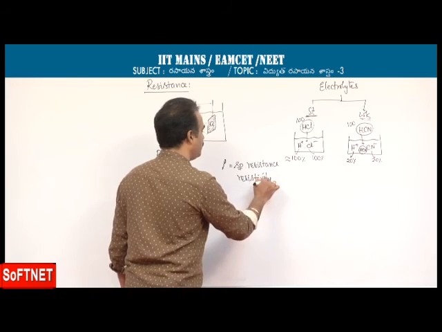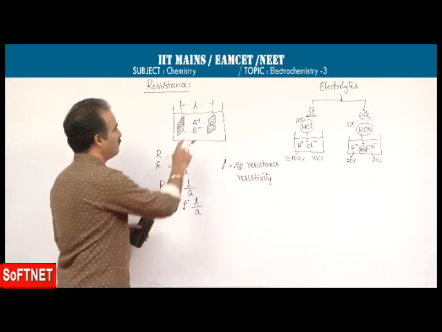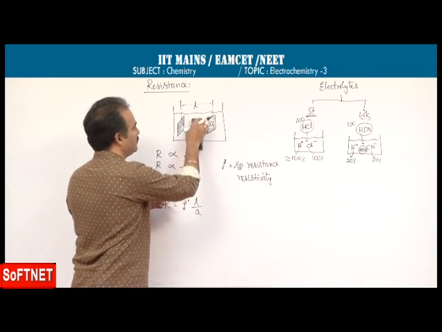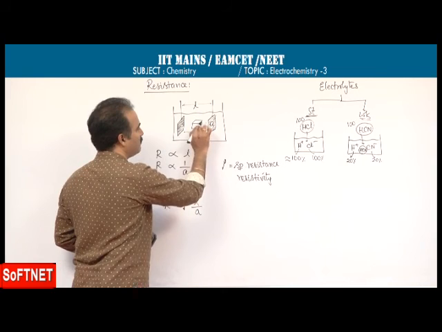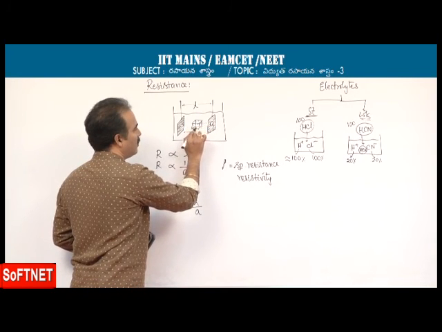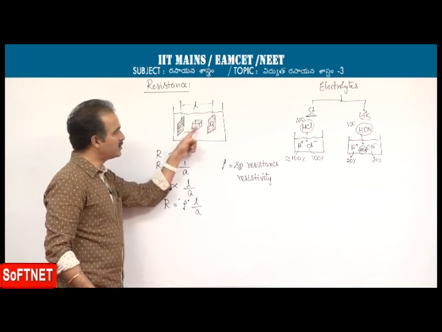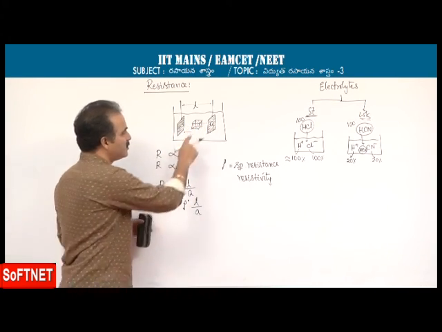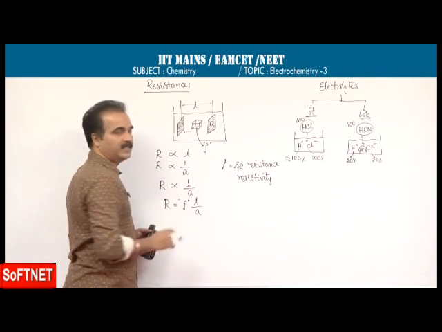What do you mean by resistivity? For example, if you take an electrolyte solution and take 1 cc of the solution, just 1 cc means 1 ml, however many ions are there in that, all the ions will experience some resistance. The resistance experienced by these ions is called resistivity.